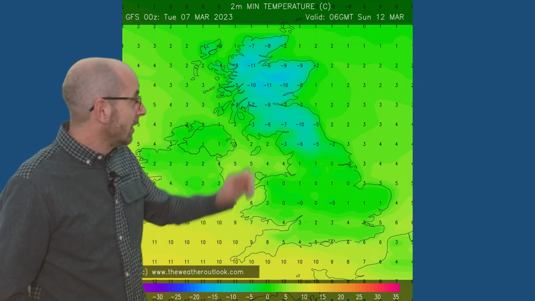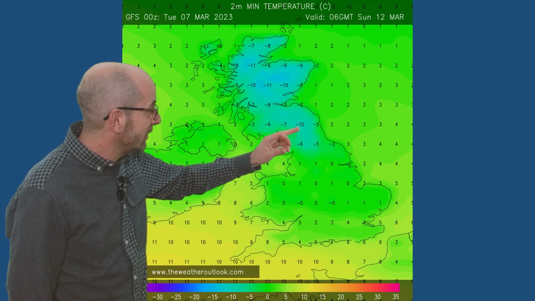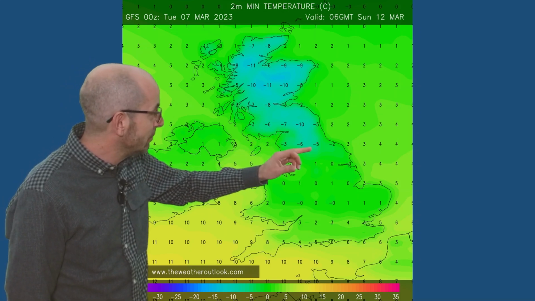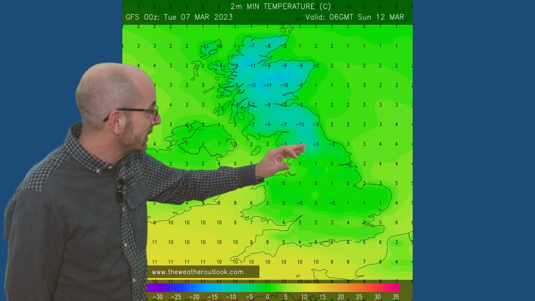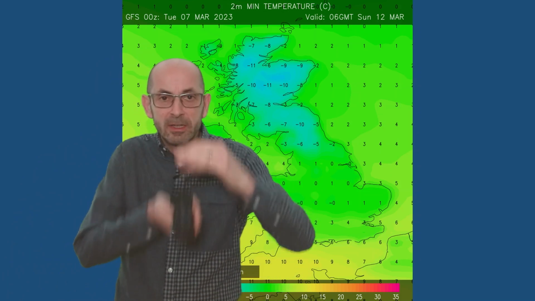As an example, here are forecast minimums at 06 GMT, Sunday the 12th. -11 in Scotland there, -10 in the borders and even in parts of northern England. It's still very cold. Less cold though in central and southern counties. So the risk of frost also retreats northwards through the course of the week, though as I suggested, there is that possibility of colder air returning briefly southwards at times.